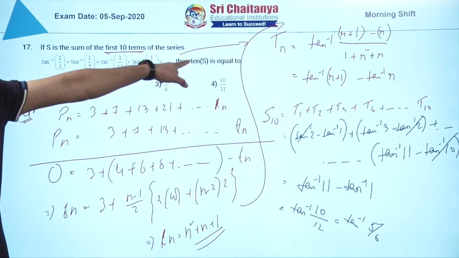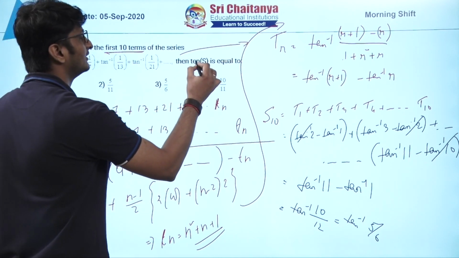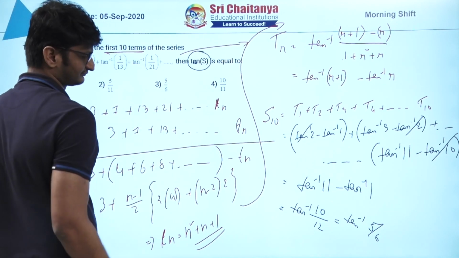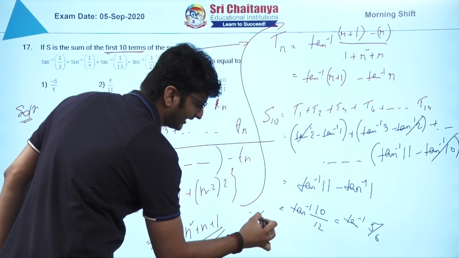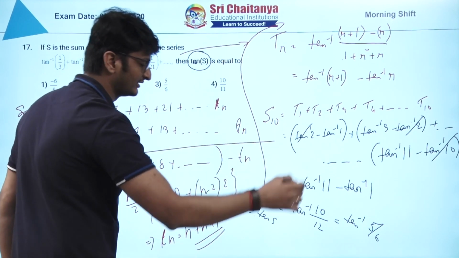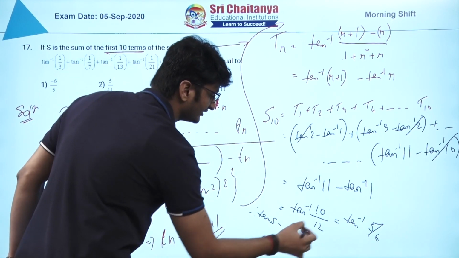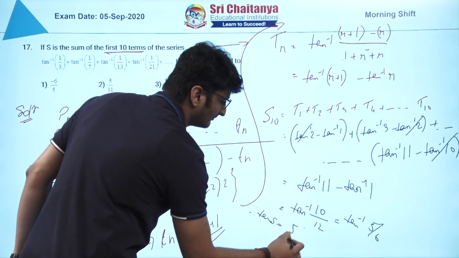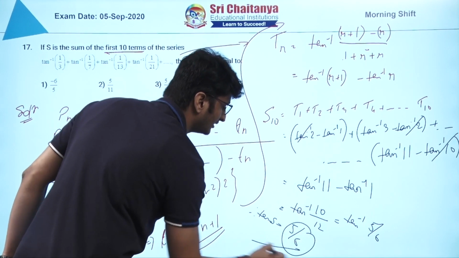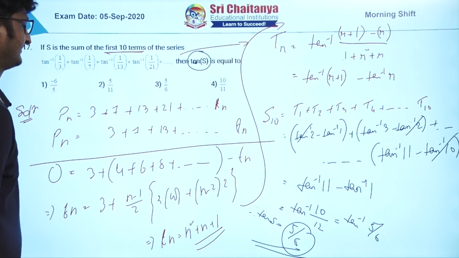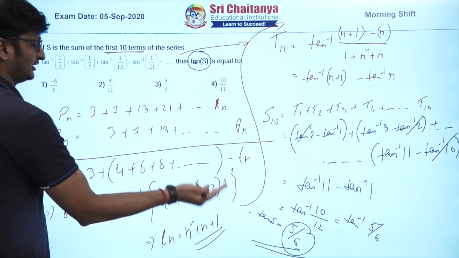They are asking us to find tan of S10. Therefore tan of S is tan of tan inverse, it will become nothing but 5 by 6. Check if there is any problem, no, fine.